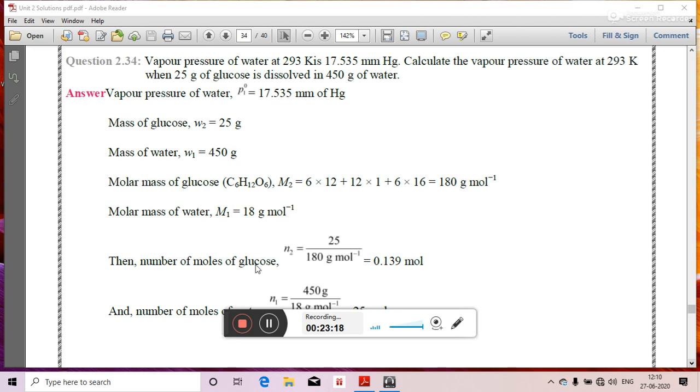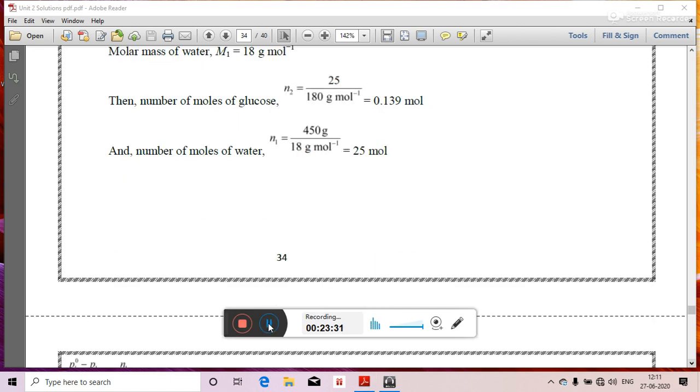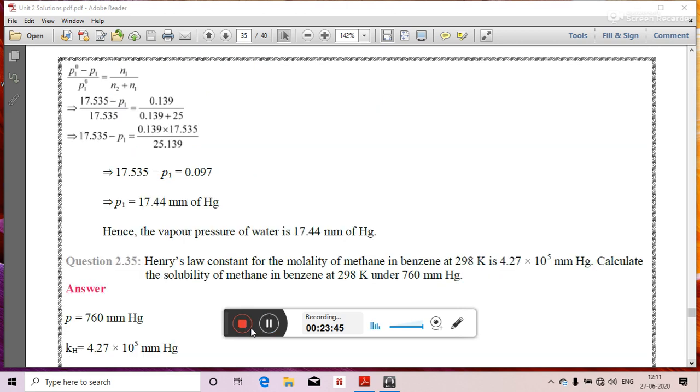Now number of moles of glucose, N2, equal to mass of glucose, that is 25, upon molar mass of glucose, that is 180, equal to 0.139 moles. And number of moles of water, N1, equal to mass of water, that is 450 gram, upon molar mass of water, that is 18, equal to 25 moles.